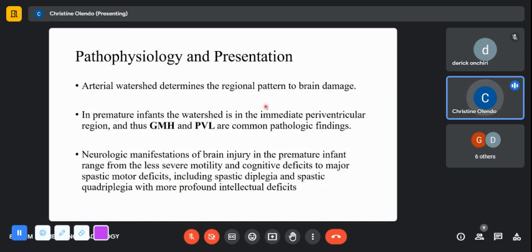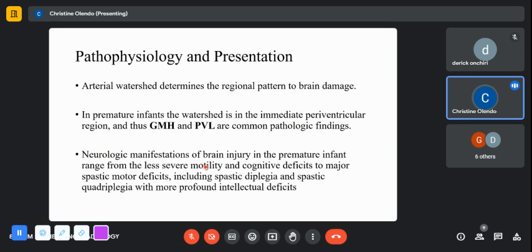The physiology and presentation: you have the arterial watershed, which determines the regional pattern of brain damage. So in infants, the watershed is in the immediate periventricular region, so that's why you'll have mostly germinal matrix hemorrhage and periventricular leukomalacia occurring in the premature infants.